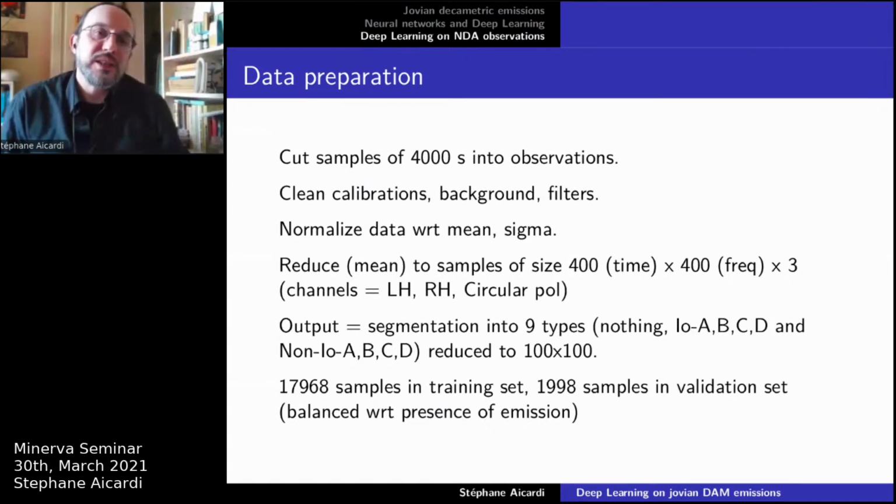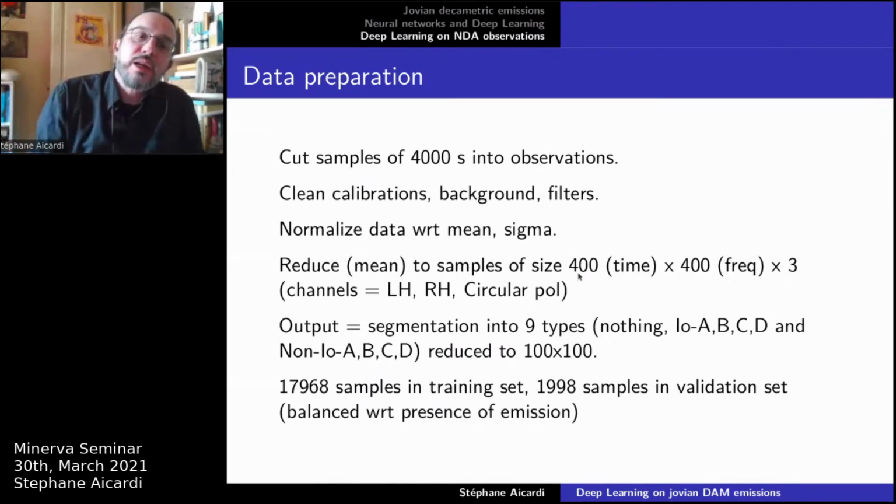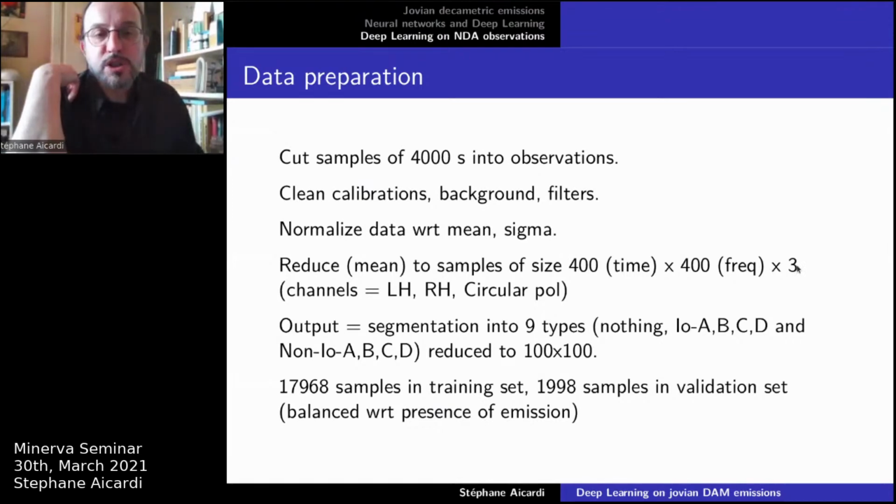So the idea is to change the dynamic of the input to help the network. Then I reduced the samples to something that computer can handle, because 4,000 for one side would be too big.